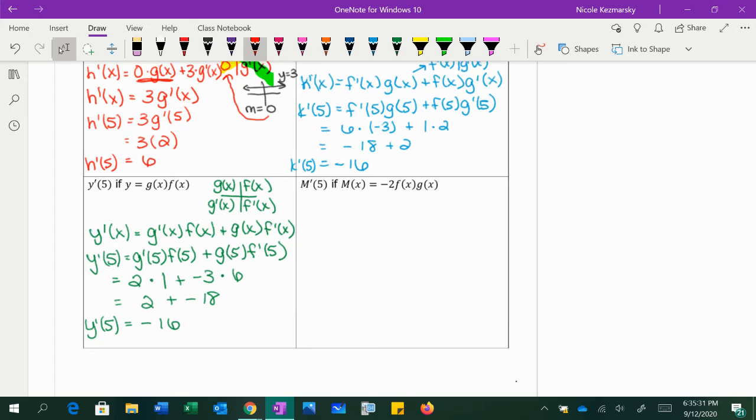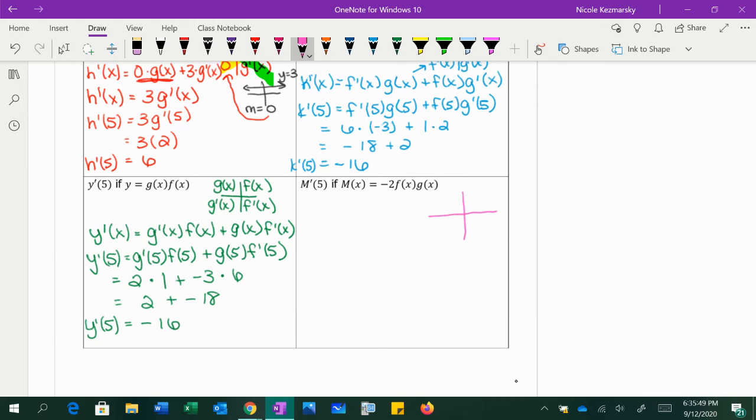Okay. The next example, we can look at this two different ways. So I can think of this as a negative 2 as one function, f of x is the second function, and g of x is the third function. But I'm not going to look at it that way.